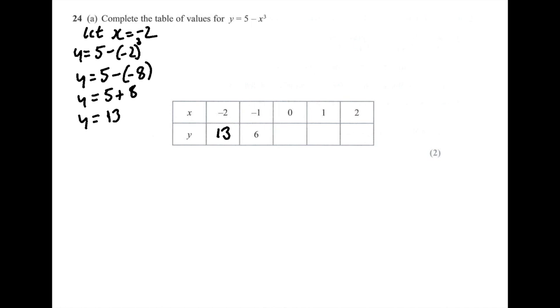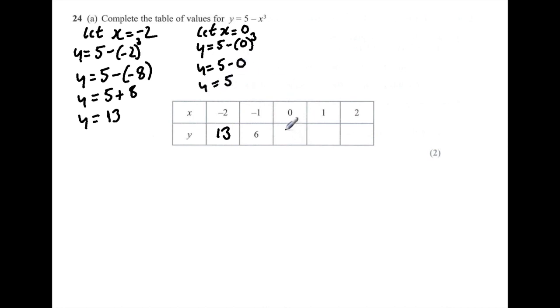Now I'm going to repeat the same process, but this time I'm going to let x equal 0. We have y equals 5 minus 0 cubed. Now 0 cubed is 0, so y is equal to 5 minus 0. Therefore, y is equal to 5.